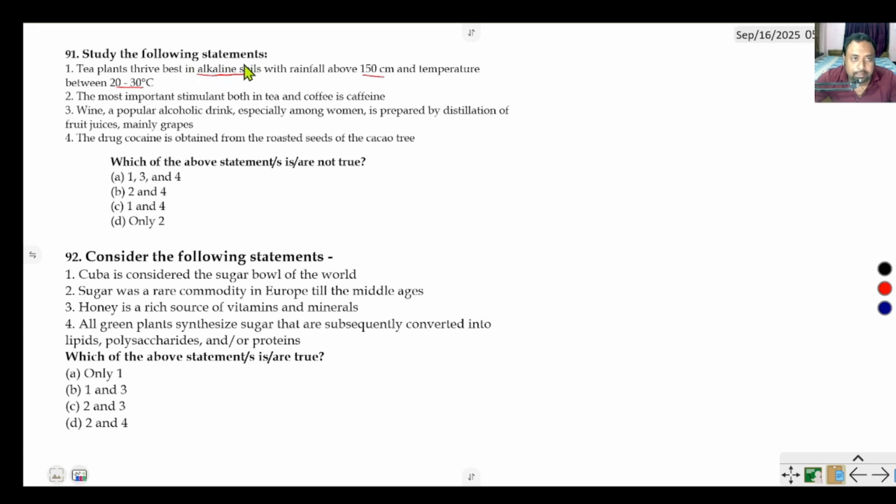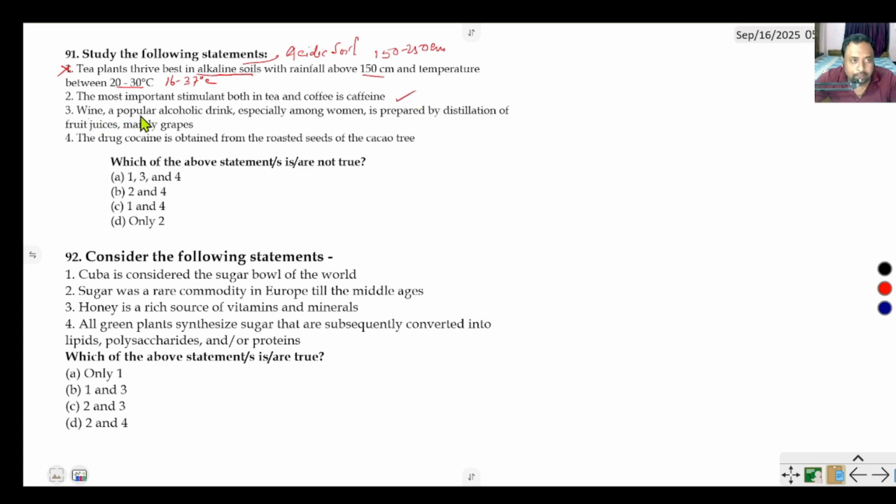Tea plants mainly grow in acidic soil with 150 to 250 centimeter rainfall and 16 to 37 degrees centigrade. So this option is incorrect. The most important stimulant in both tea and coffee is caffeine.